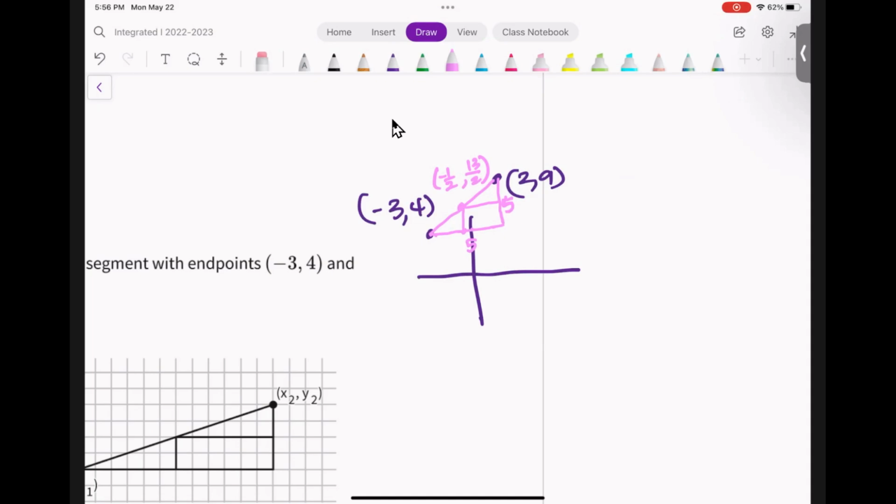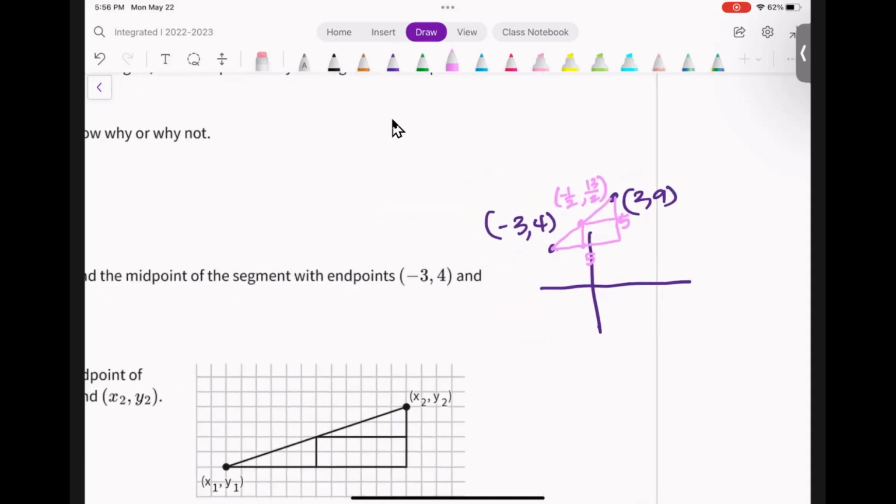If you use Sapana's strategy, you would have found how long this side was here. So she went x comma y. So this would have been x minus -3. And then this would have been y minus 4. And then this one would have been 2 minus x. And then this last side would have been 9 minus y.